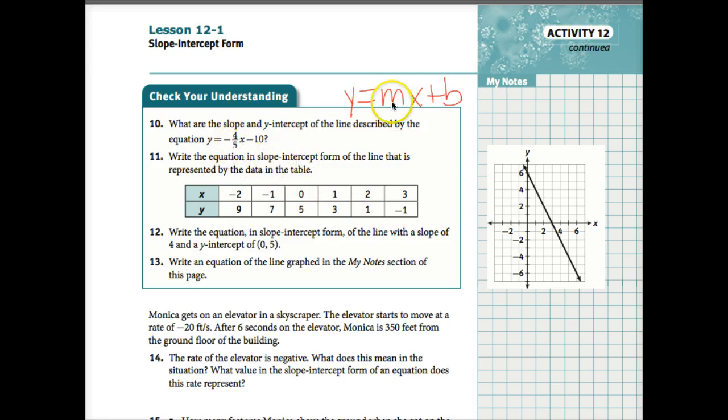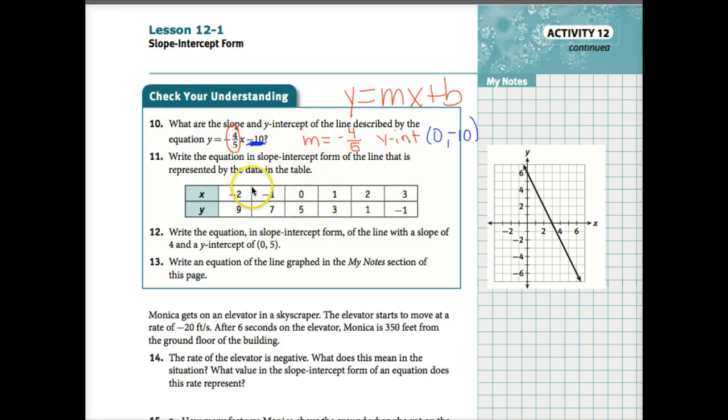So m is the coefficient of the x, so that means that you should have said that the slope, or m, is -4/5. The y-intercept, my b value here is -10, which means that 0, -10, should be your y-intercept. So if you didn't get those correct, hopefully that makes sense, and go ahead and correct your answers, because those are what we want to have there.